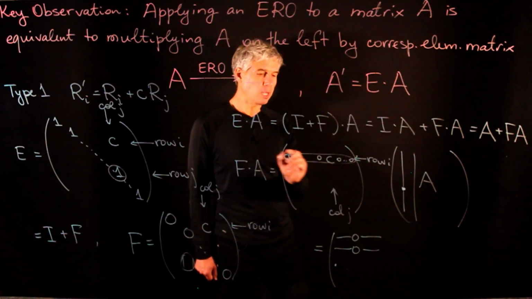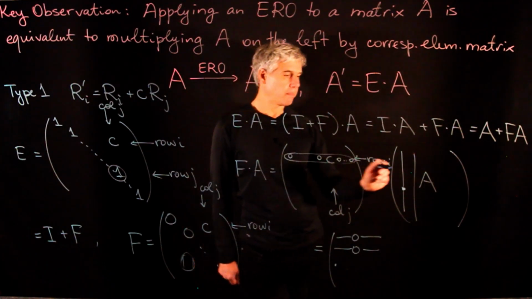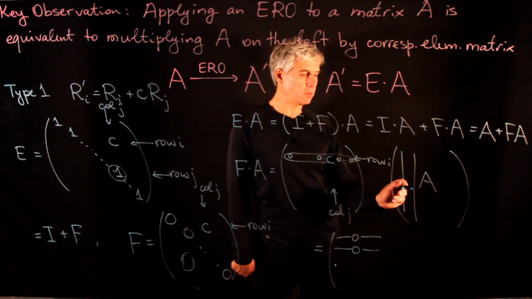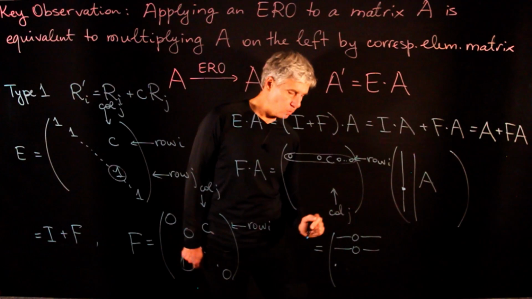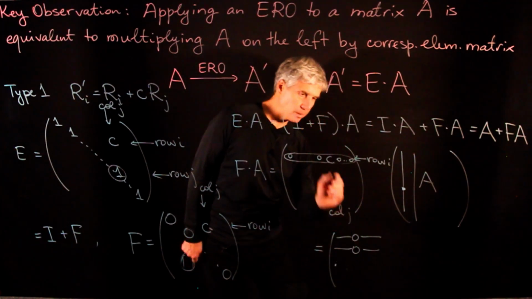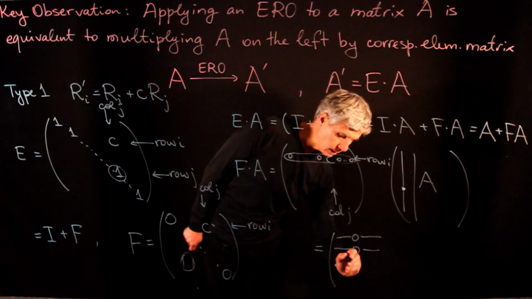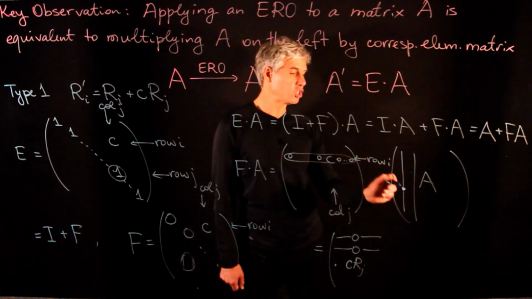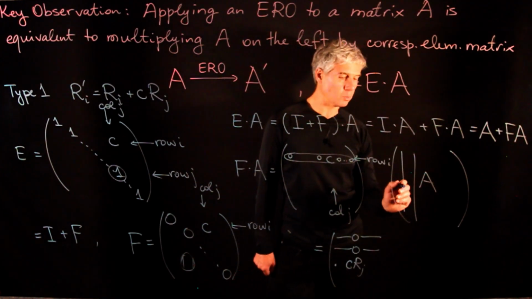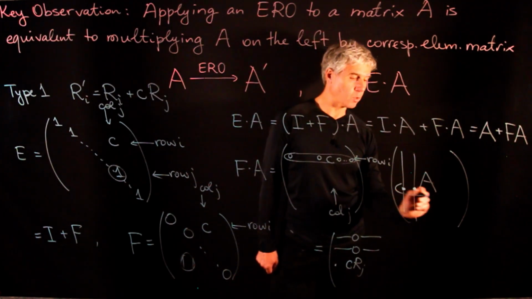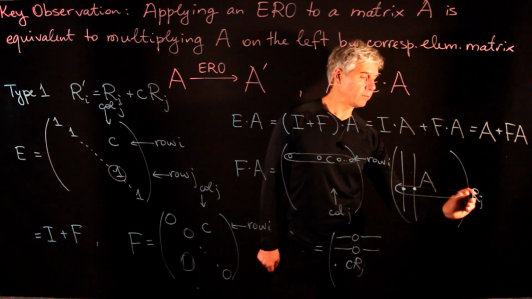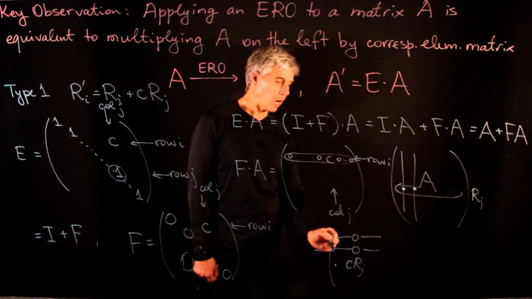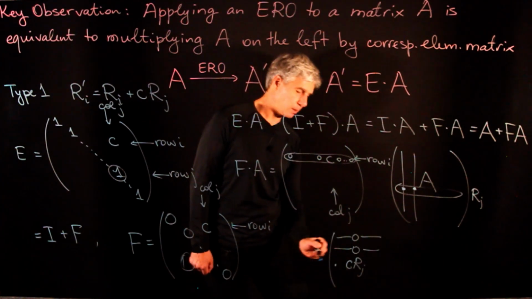And then when we multiply this row by the second column, we will get c times entry j of the second column. And so what we see is that row i of the product will be c times row j, because we pick out the jth entry in each column. So this will correspond to row j of the matrix A. And so this will be recorded in row i of the product.